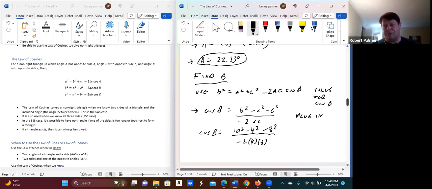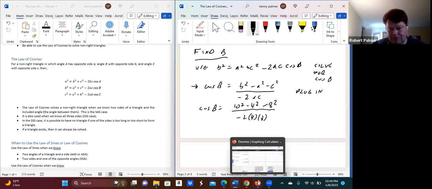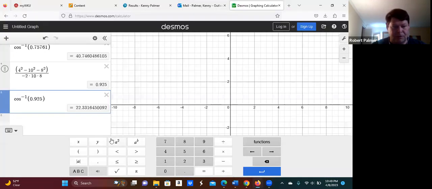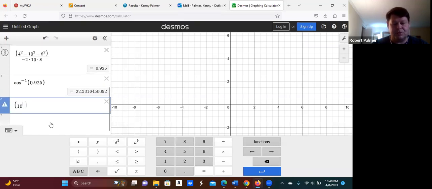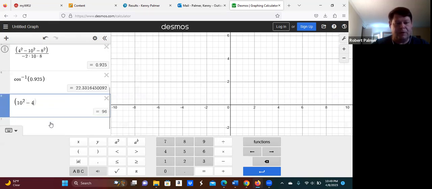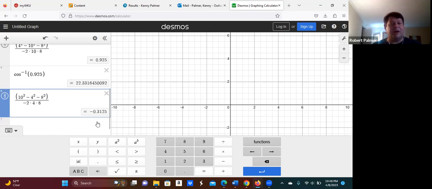Okay, and once again, let's plug this into Desmos, see what we get. So we'll use parentheses. So 10 squared minus 4 squared minus 8 squared, and then divided by minus 2 times 4 times 8. And that's negative 0.3125.